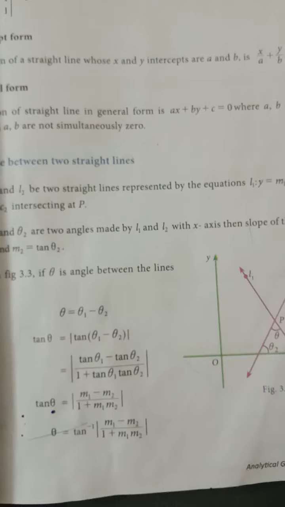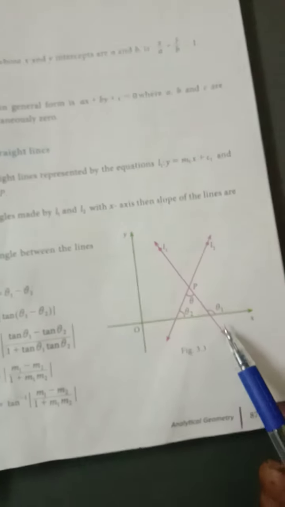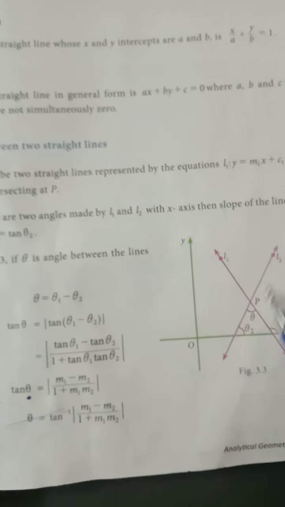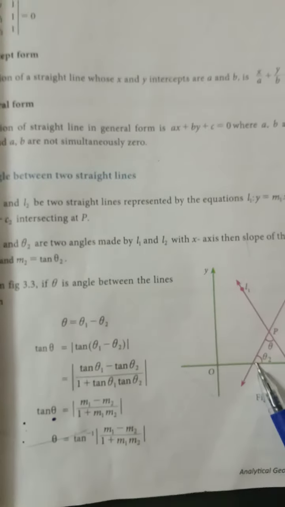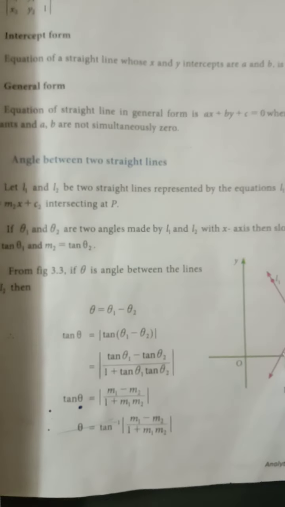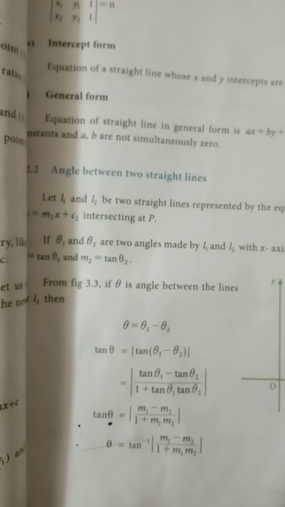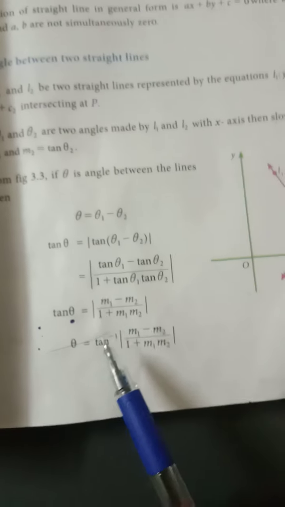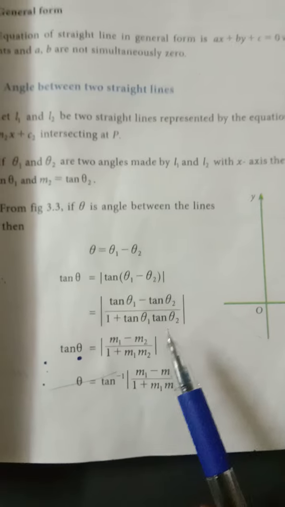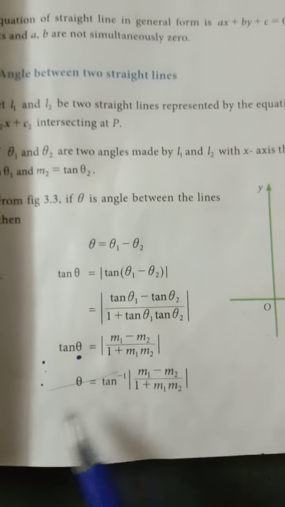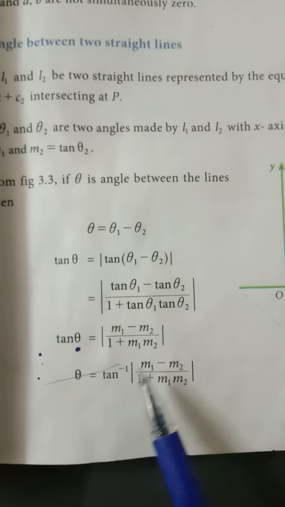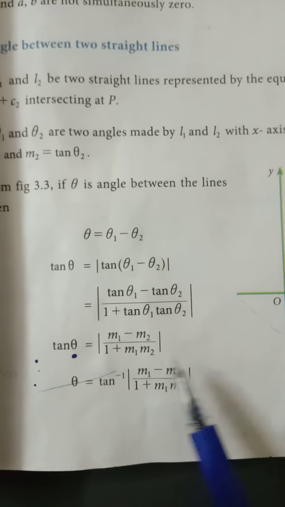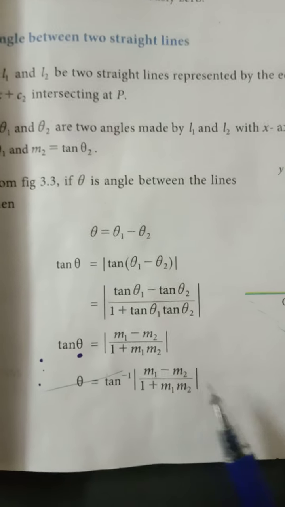Now here this line makes angle theta 1 with the x-axis, this line makes an angle theta 2 with the x-axis. Now what we are doing is we are finding the slope of the straight lines. Then the formula is given by tan theta equal to modulus of m1 minus m2 by 1 plus m1 m2. From this, theta equal to tan inverse of modulus of m1 minus m2 by 1 plus m1 m2.